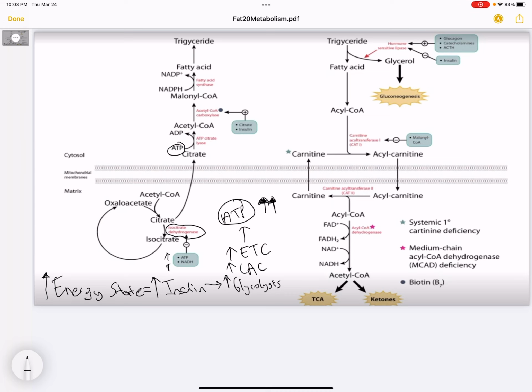Instead, this step gets inhibited, and in return we get high levels of citrate. Then citrate is transported to the cytosol, where it can continue the steps of fatty acid synthesis.